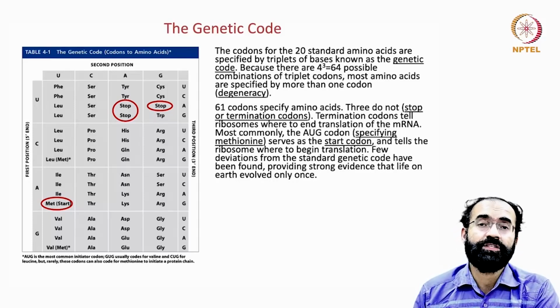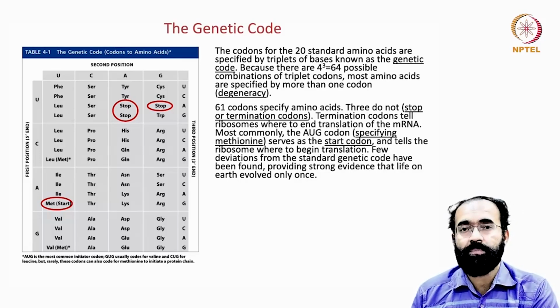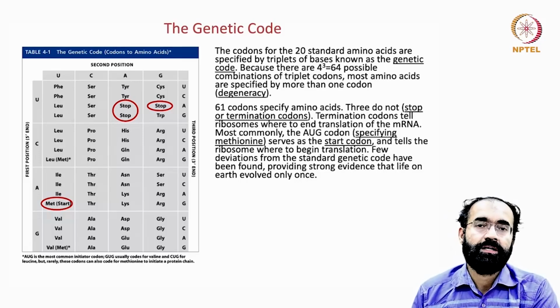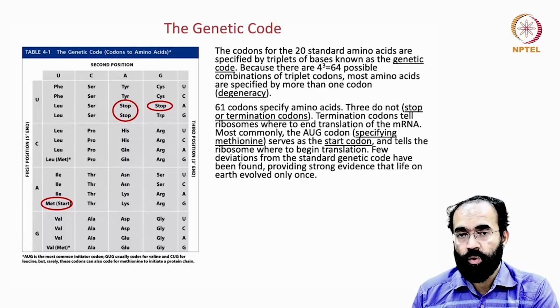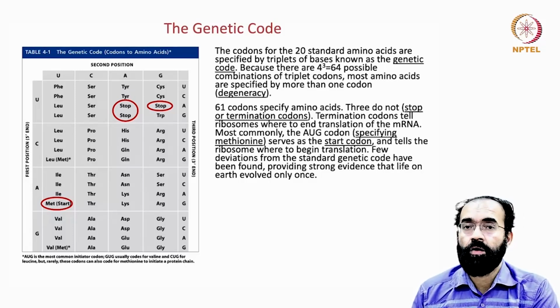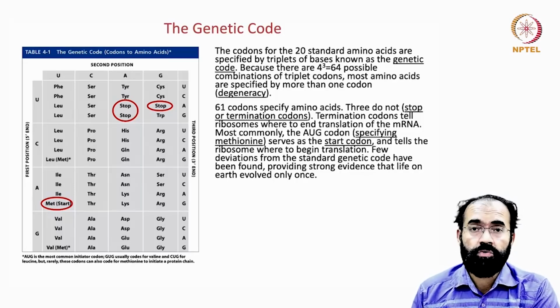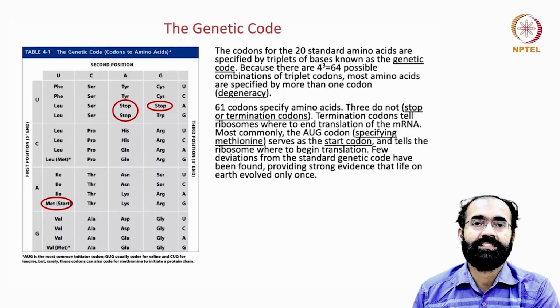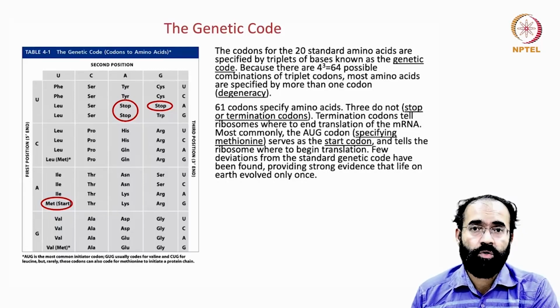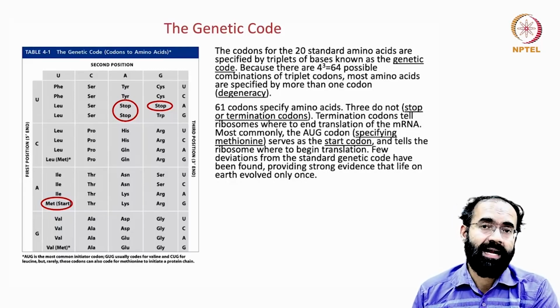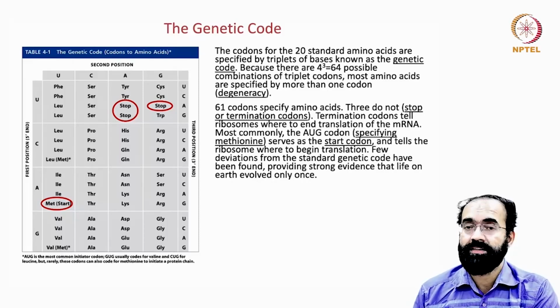So this is one of the strongest supports to believe that life originated only once, because if it had originated multiple times, it is impossible to have the same codon present in all the attempts, because there is no rule to be followed that this amino acid has to be brought in with this codon. At least you should have had a variation in the codon, and you don't even see that.